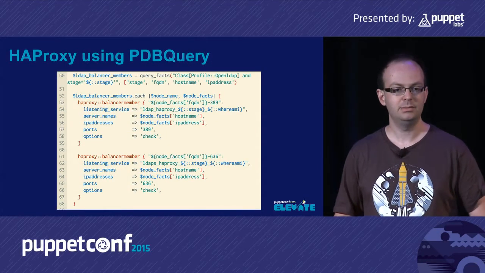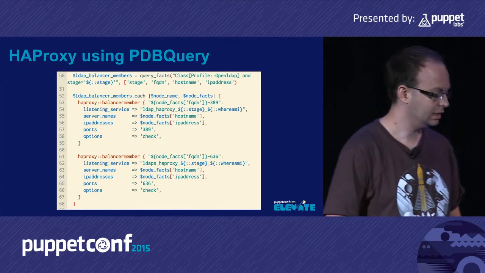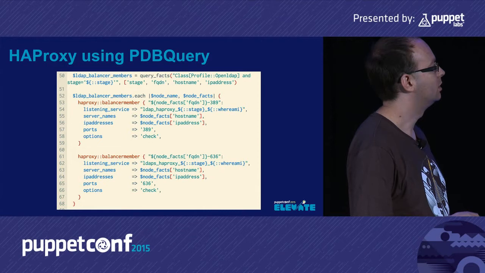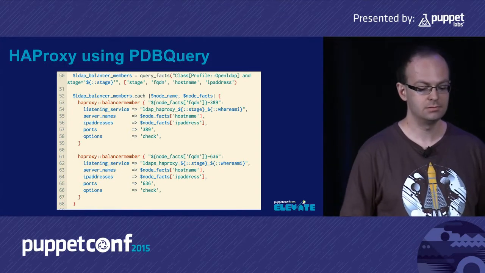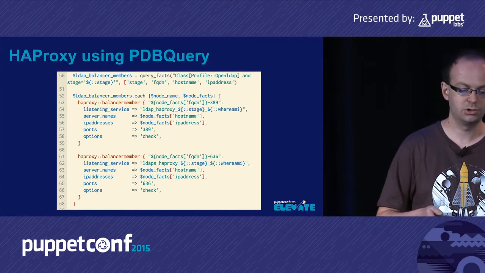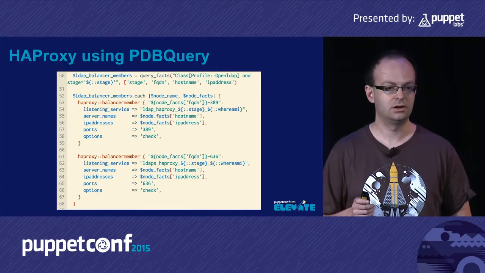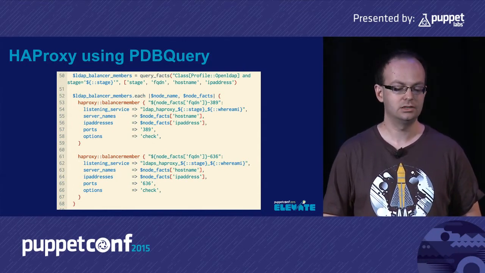Using PuppetDB query, it's much more explicit. So what we're doing here is we're asking PuppetDB, using this query facts function, for nodes that are classified to the class profile open LDAP that are in the same stage, dev, stage, or prod, as the load balancer.